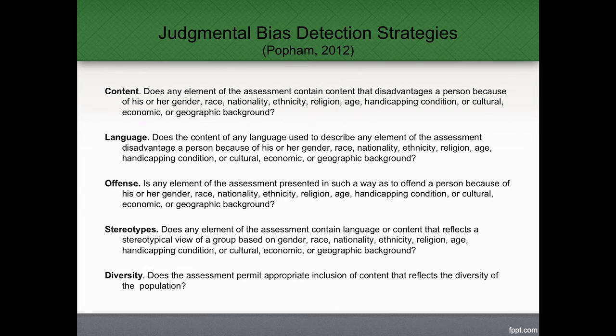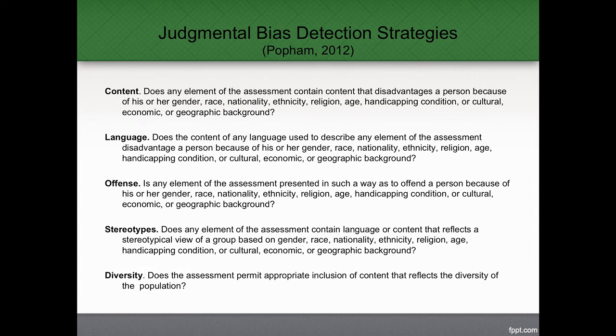There's a content bias, language bias. Is it offensive? Is it a stereotype? And does it permit inclusion of diversity? Not is it just not offensive, but is there an inclusion of diversity as well? Okay, so these are the 5 components that you'll use to analyze a test question for bias.